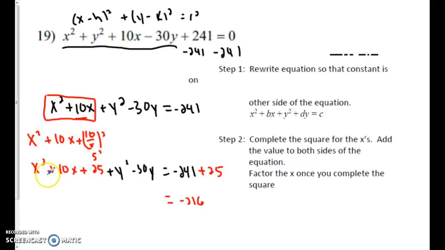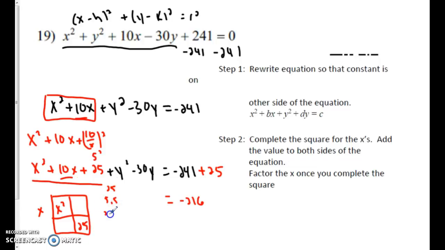But what I want to do is factor out that side. If you guys remember, we're going to make a box. It's one of the ways that we did this. I have x squared and I have a 25, and when I add those two together, I'm trying to get 10. What gets me 25 is 5 and 5, or 25 and 1.